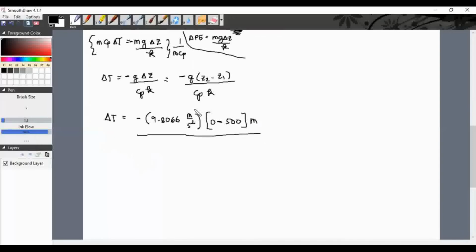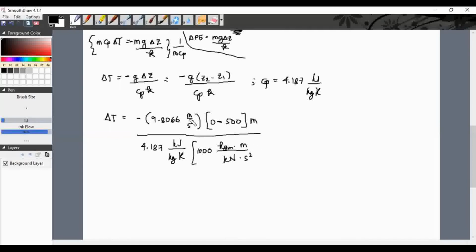The specific heat at constant pressure of water is 4.187 kilojoules per kilogram Kelvin, times the proportionality K, for which I use 1,000 kilogram mass meter per kilonewton second squared.